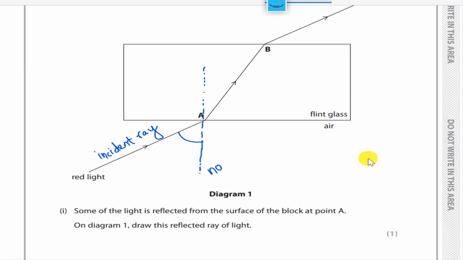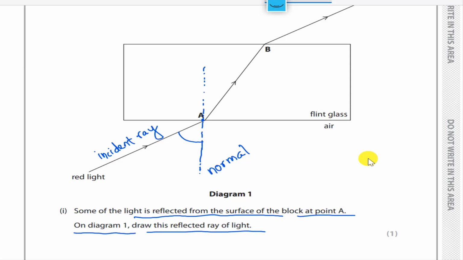Normal means perpendicular drawn at the point of incidence to the separation line between the two media, air and flint glass. So some of the light ray is reflected from the surface of the block at point A.